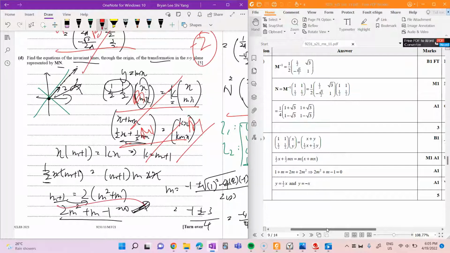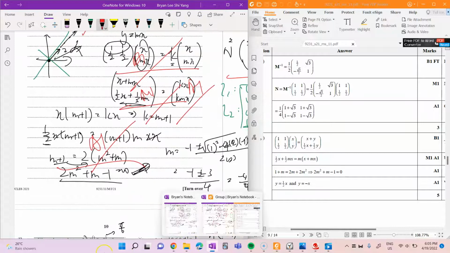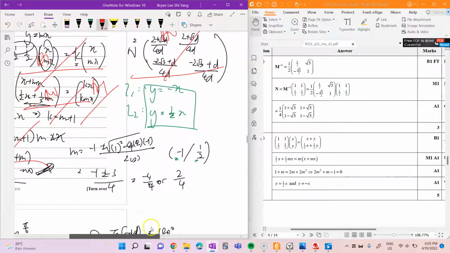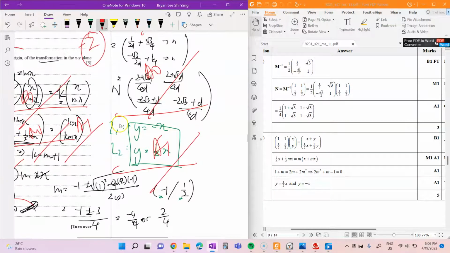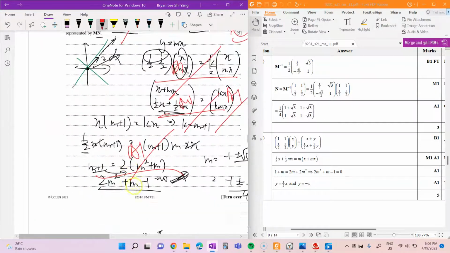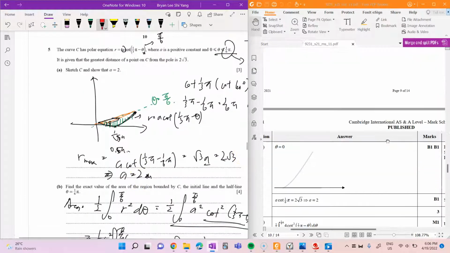Okay, so I saw this correct, and since I wrote it on the right of the paper, I see these two answers, and then I can award myself an A1. So this one would be another 5 marks here, right? And then let's move on to question 5.